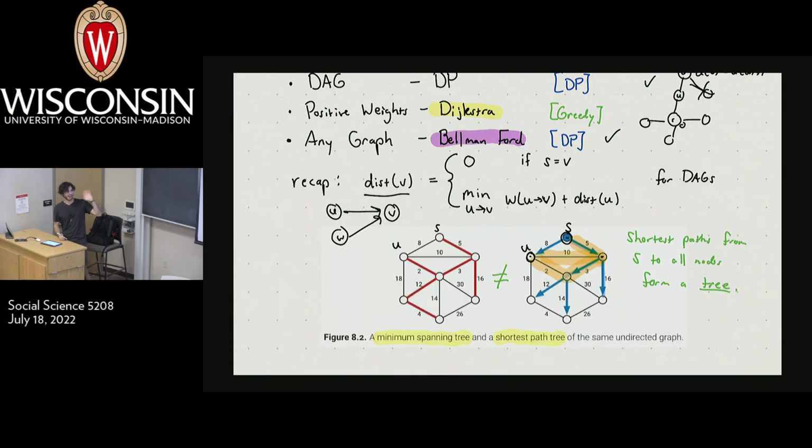Node U doesn't care about how short the path is for other nodes. It only cares about how short the path is to itself. Whereas for minimum spanning trees, everyone kind of collectively works together to get a total minimum distance. So that's why these two things are generally different. You could think of it as people competing versus people collaborating. You're going to get something better overall.